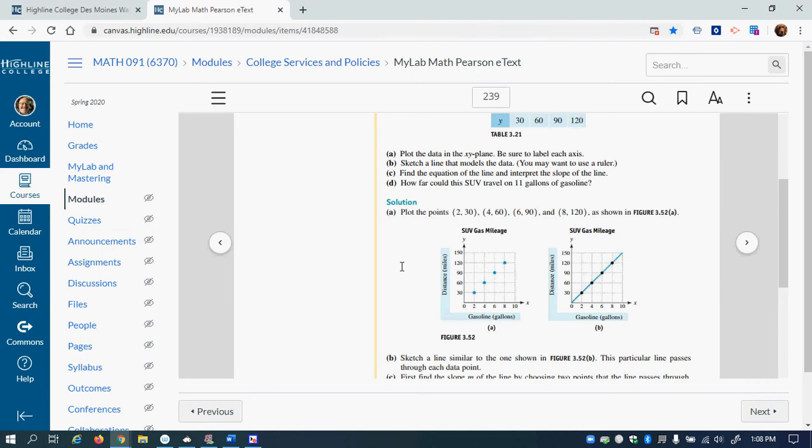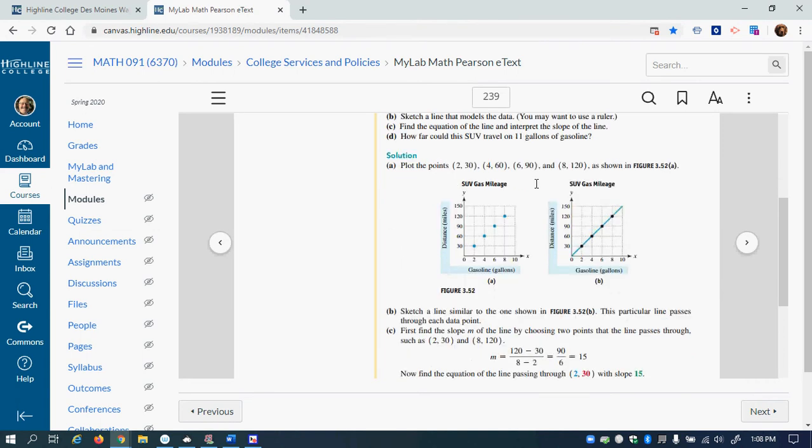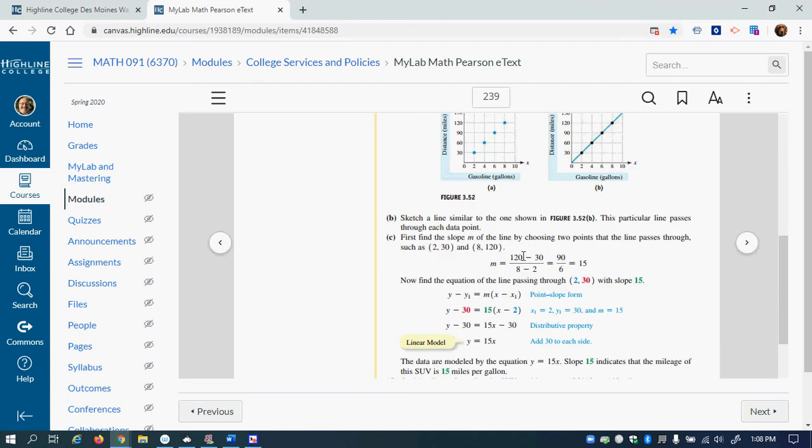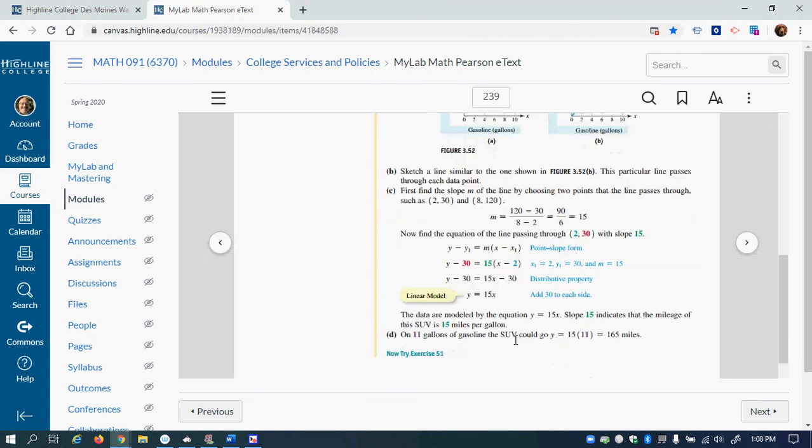Then find the equation of the line and interpret the slope. They picked 2 points, (2, 30) and (8, 120), and calculated the slope to be 15. Then they used point slope form to come up with their final equation, y equals 15x.